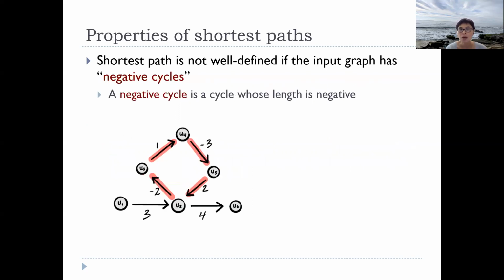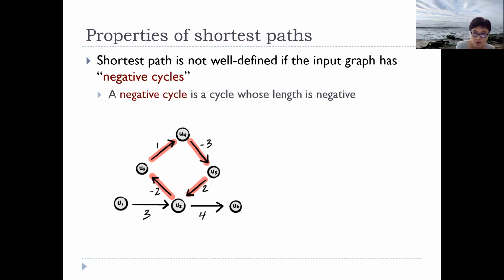Okay, now let's look at some properties of the shortest path in weighted graphs. Note that we allow the edge weights to be negative, and it turns out that in general having negative weights is not a problem. However, if you have a negative cycle, then there's an issue. What is a negative cycle?